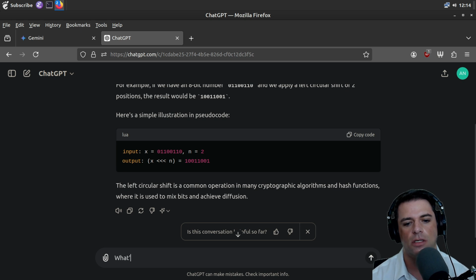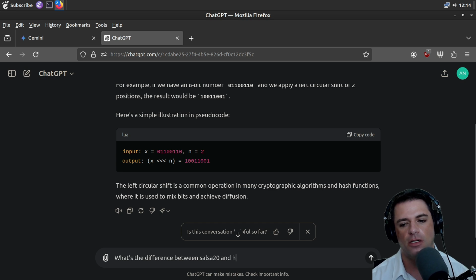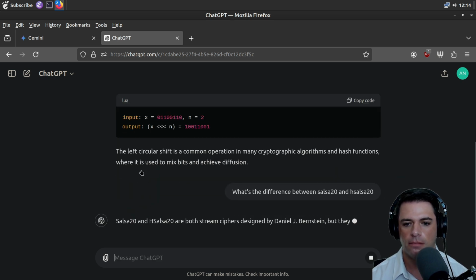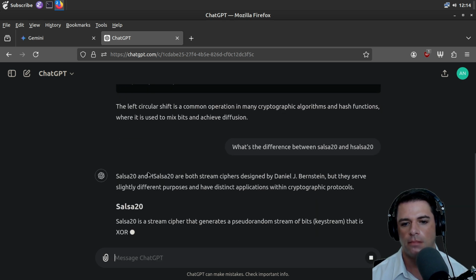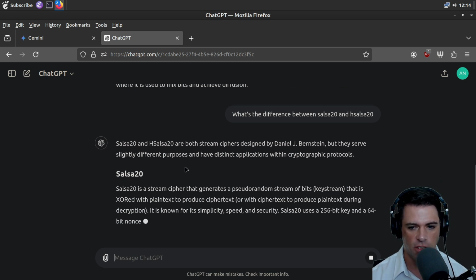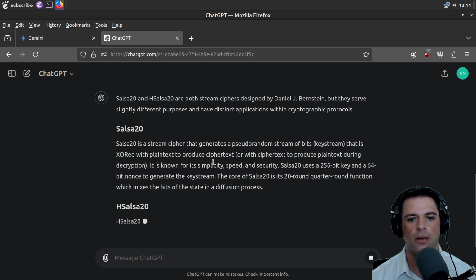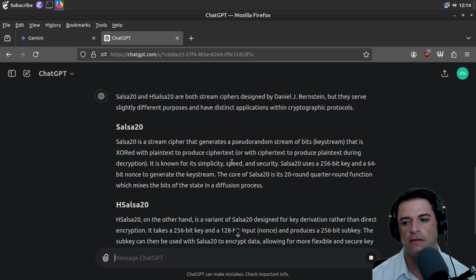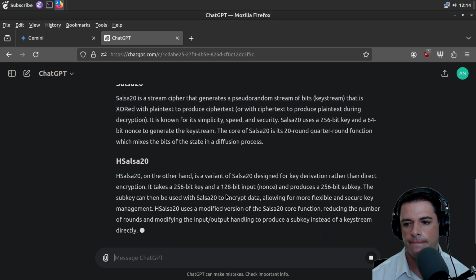Ask what's the difference between Salsa20 and H-Salsa20? Salsa20 is a stream cipher that generates a pseudorandom stream of bits. H-Salsa20, on the other hand, is a variant of Salsa20 designed for key derivation. Okay.